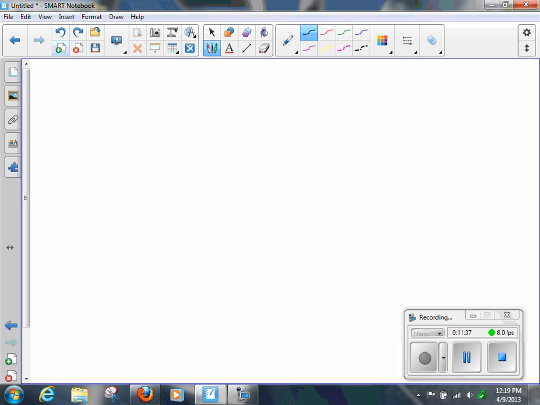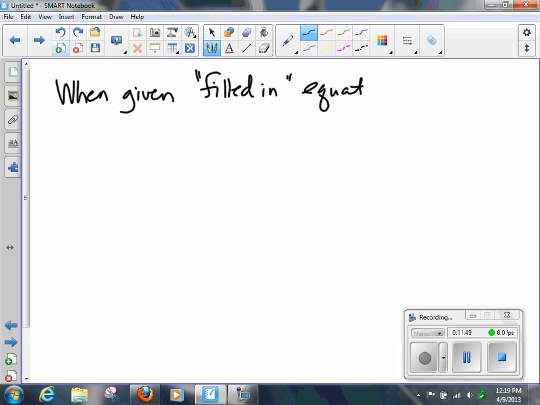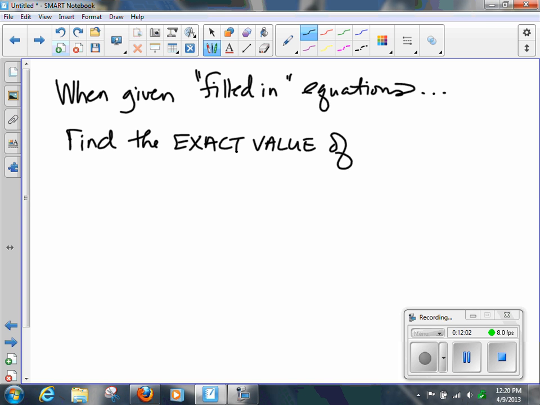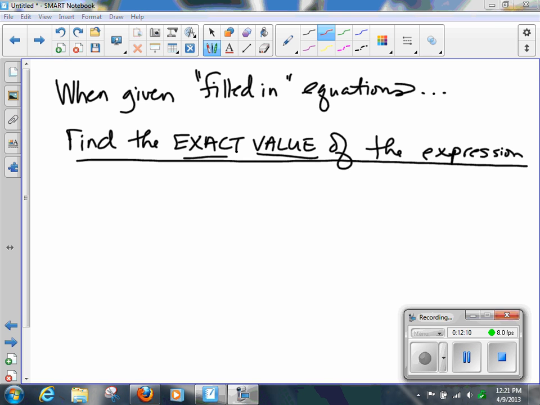When you're given built-in equations and you're told to find that exact value again, find the exact value of the expression. Here's what it's going to look like.